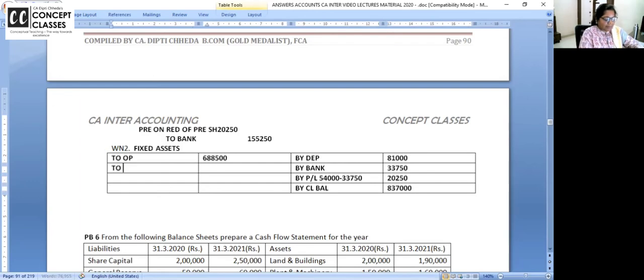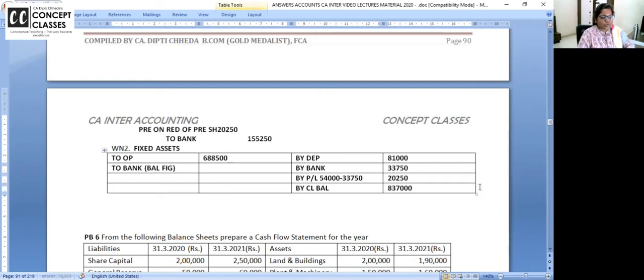Can I take the balancing figure as purchases? Do it. 81,000 plus 33,750 plus 20,250 plus 8 lakh 37,000. So first write down the total.